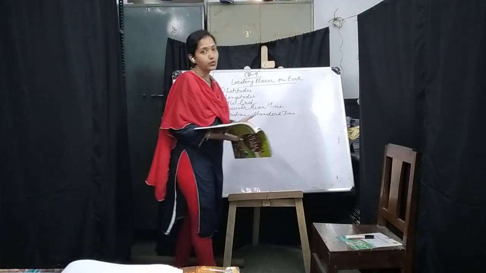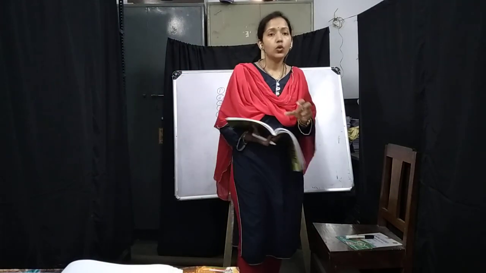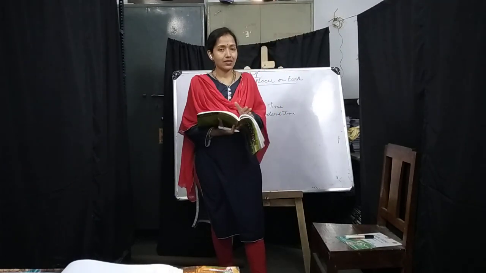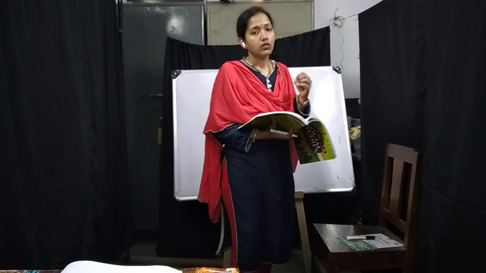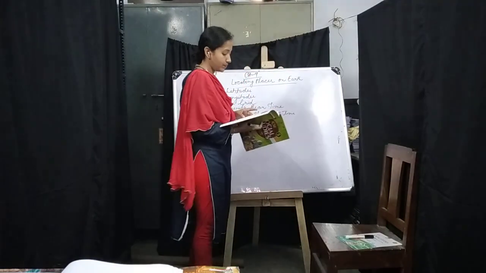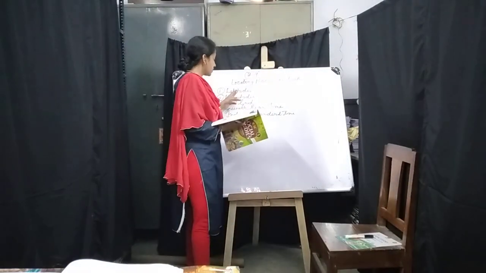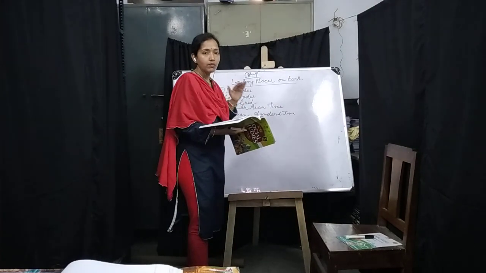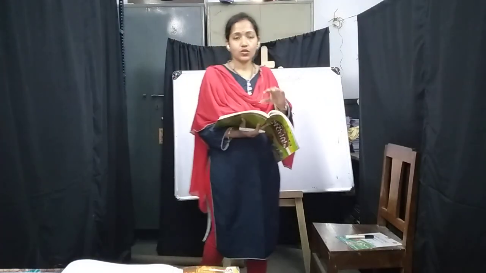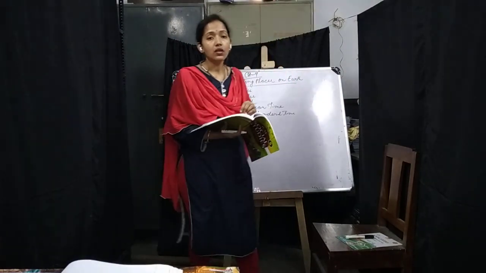I just told you that on the globe or maps you have seen many lines, some vertical and some horizontal. These lines are imaginary. The imaginary lines that lie horizontally are called latitudes.